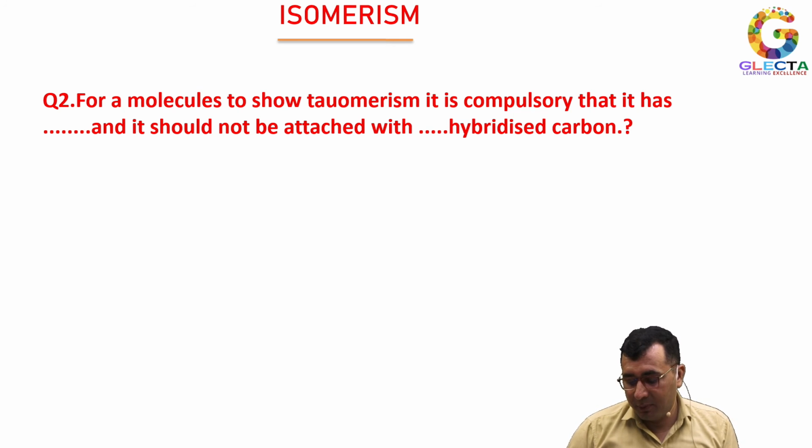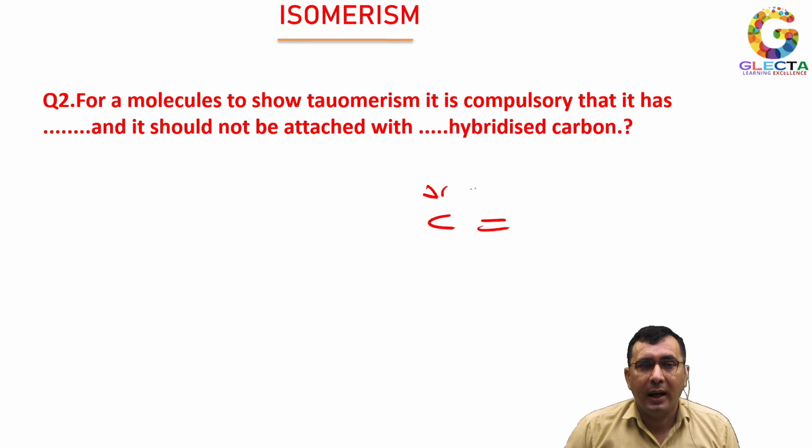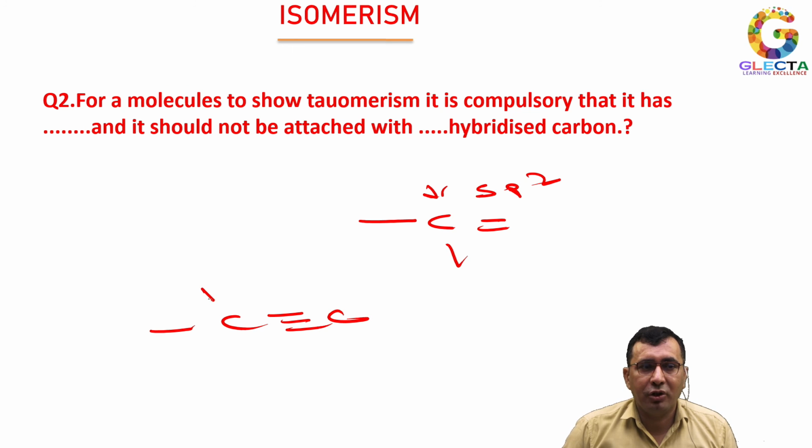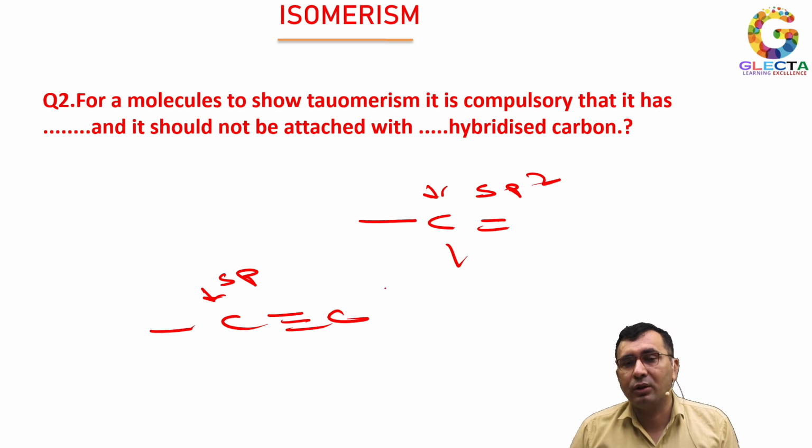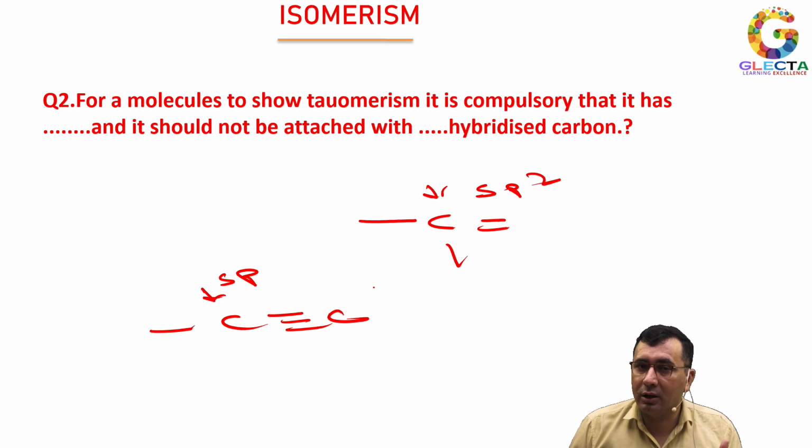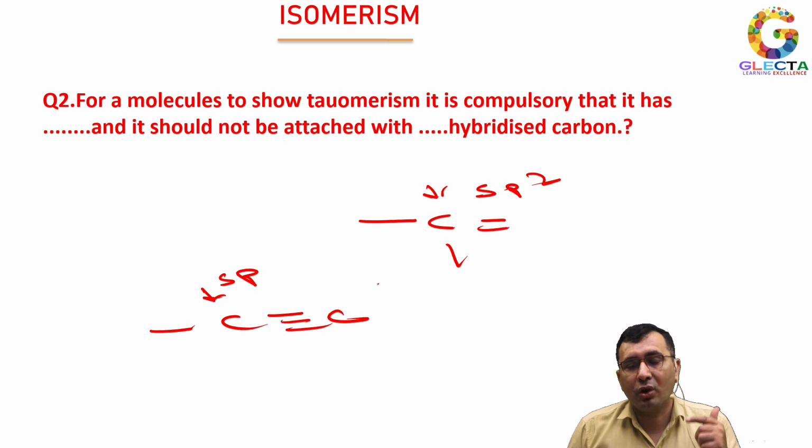You know that when carbon is attached with a double bond, its hybridization becomes sp2, with 3 sigma and 1 pi, and if there is a triple bond, the hybridization is sp, because there are 2 pi bonds. The alpha carbon especially should not be attached like that, because the alpha carbon is responsible for showing tautomerism. There should be free alpha hydrogen, and it should not be attached with an sp2 or sp hybridized carbon.